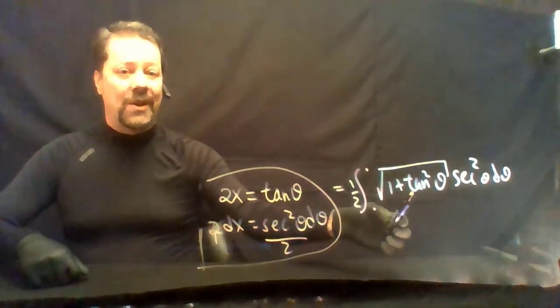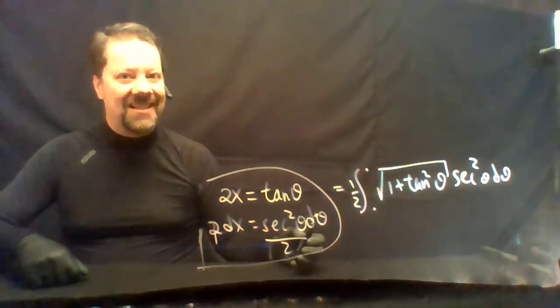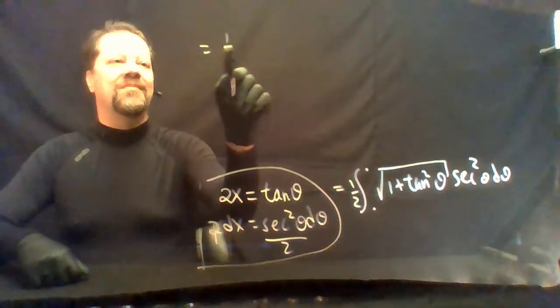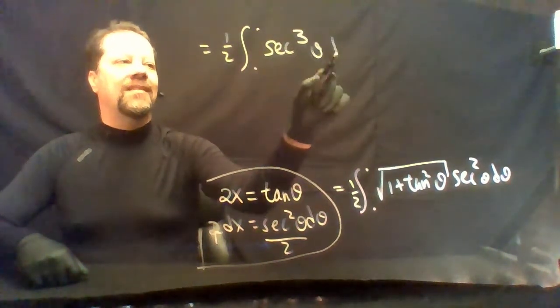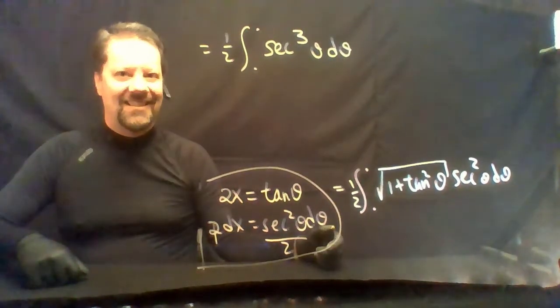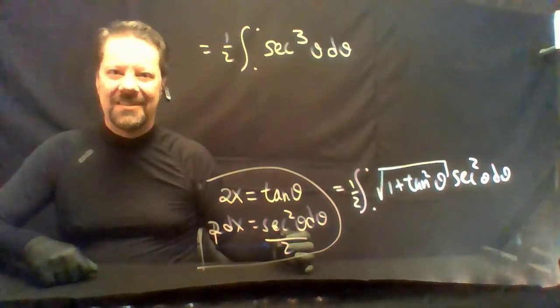1 plus tangent squared is secant squared. Square root of that is secant. We'll be integrating secant cubed. An odd power on secant. What do we do?